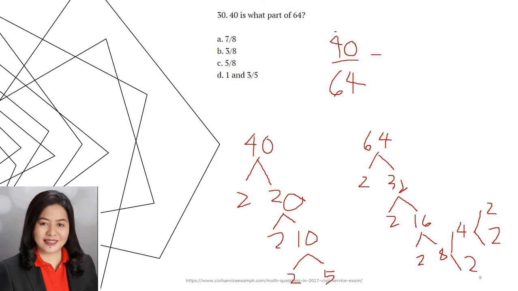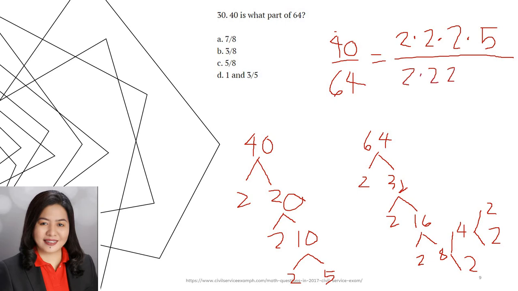So what we will be doing is rewrite it here. I'm doing the long process here. 2 times 2 times 2 times 5, right? So 8 and 5. Here we have 6 2's.